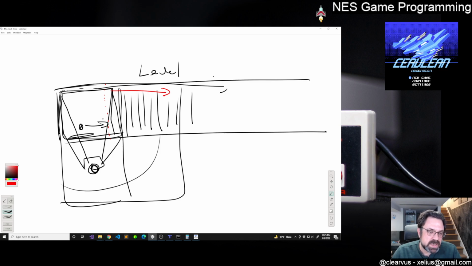Most games have the player shift back a little bit because the background moves a little faster than the player. If there is a deadly pit over here that the player has to jump over, you want to see that before you get too far and fall down the pit.